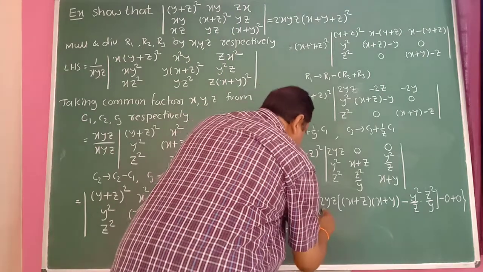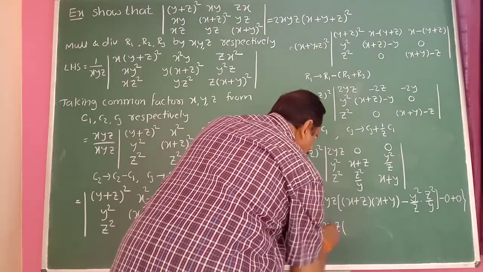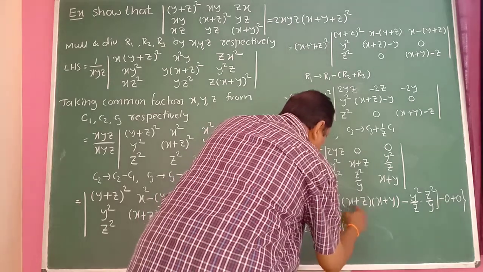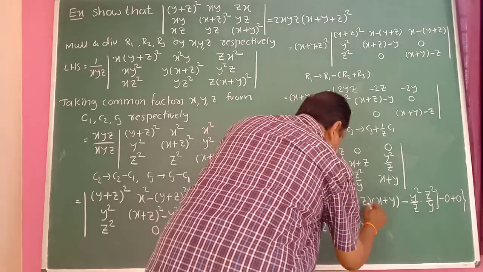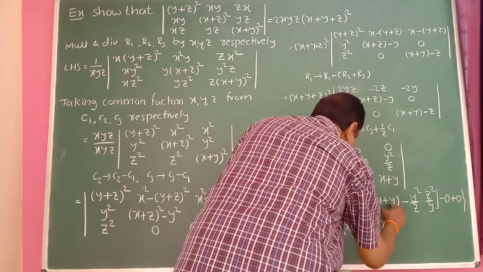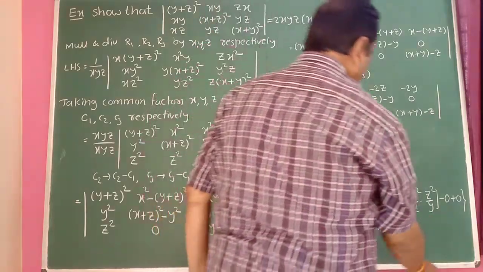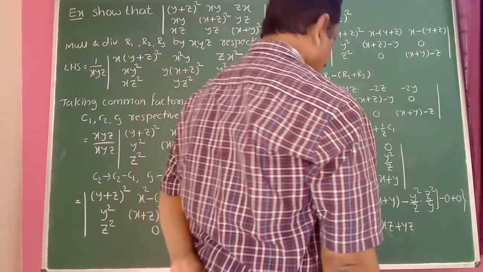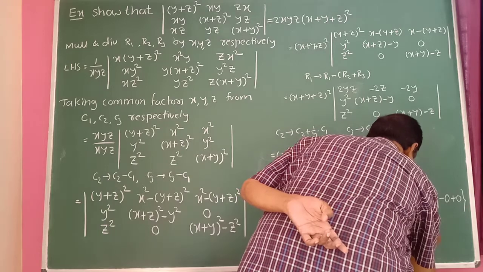Then 2yz is there, so 2yz into x into x becomes x square, x into y, xy plus xy, z into x, so xz, z into y becomes yz plus yz here. Then y and y cancel, z and z cancel. Therefore, remaining is yz, so write plus yz.